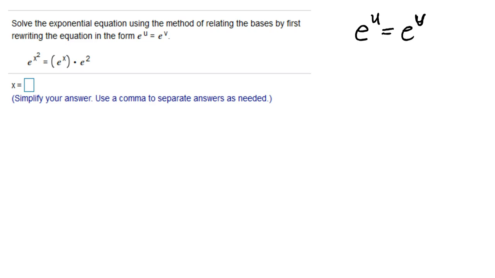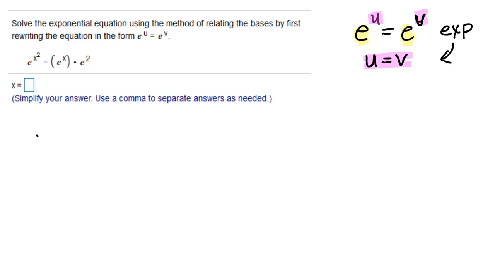Once we get it written in this format, we can say that the exponents have to be equal to each other. So because the bases are the same, the exponents have to be equal to each other. So it allows us to simplify from an exponential equation to a nicer type of equation. So let's try that with this example.